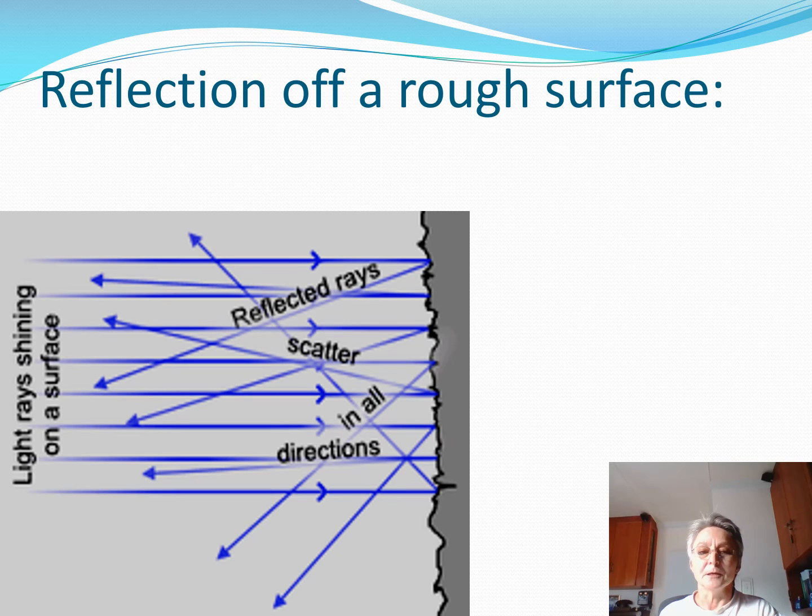So you can follow any arrow there that is incident onto the rough surface, although it obeys the rule where the angle of incidence equals the angle of reflection. Because the surface is rough, the normal is never in the same direction. So you get the reflected rays scattered in all directions. Those rays can't form a clear image of the object that is in front of them.